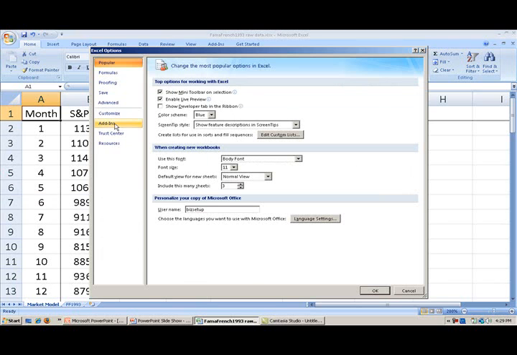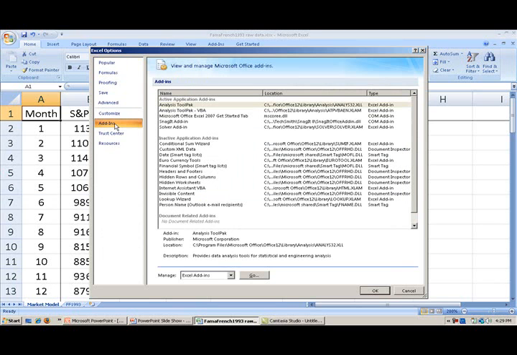Now go to Add-ins, and it will list all the add-ins that you currently have up and running in Excel. Now here, you can see I have the analysis toolpack running already. But suppose I didn't.